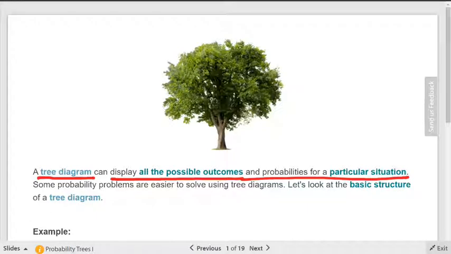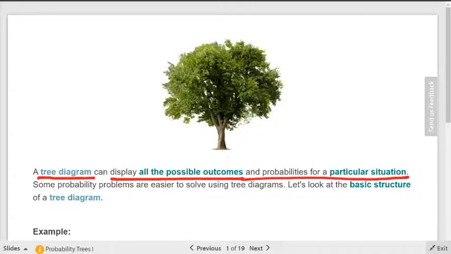A tree diagram, or probability tree, is just a way to display all the possible outcomes and probabilities for a particular situation. Okay? So you can have lots of different experiments, lots of different outcomes happening there, and we're going to put them all together using a tree diagram.